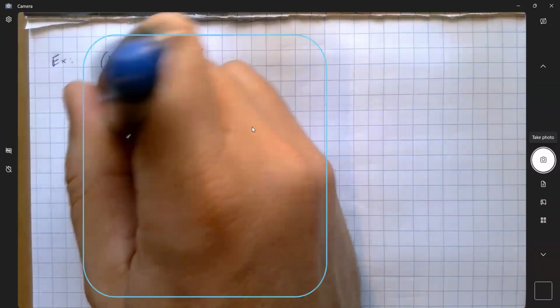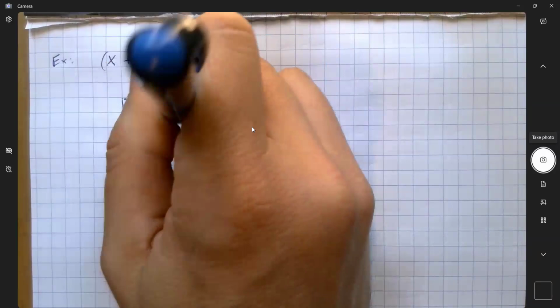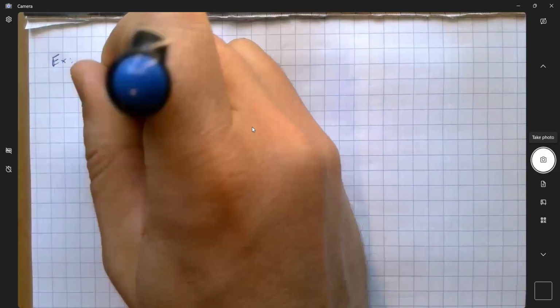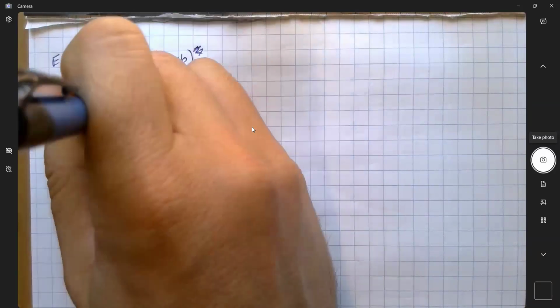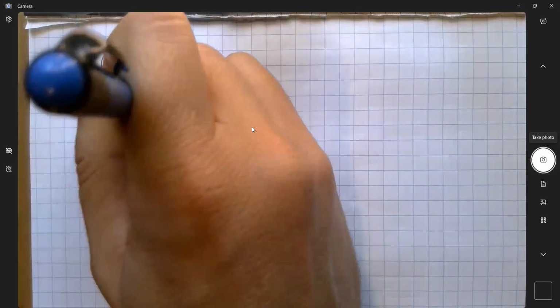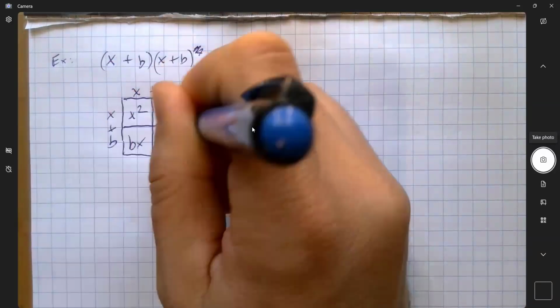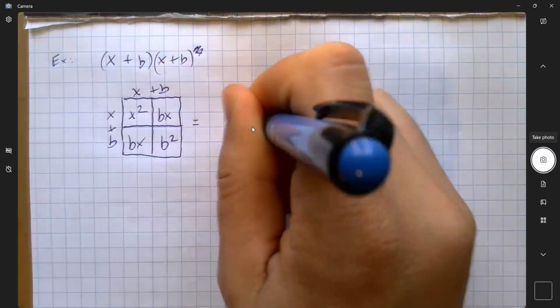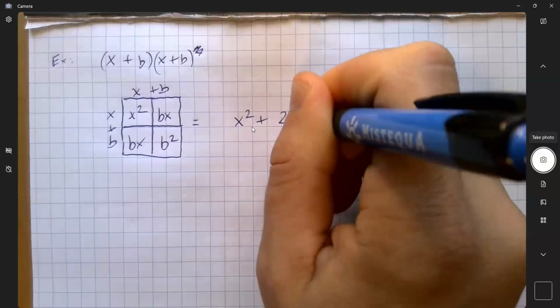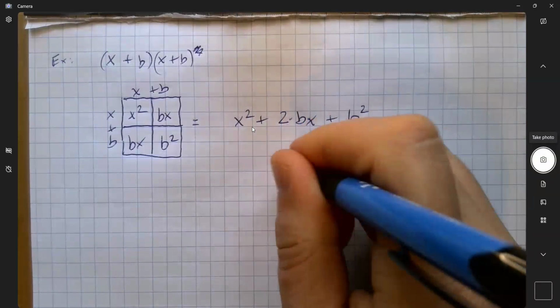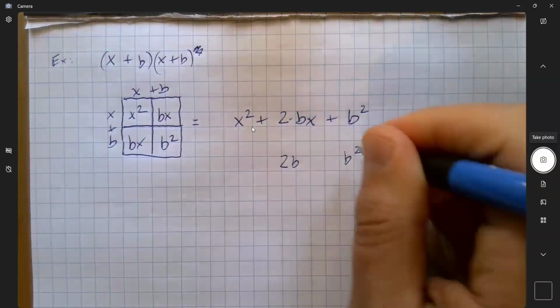And our box method: x plus b, x plus b. I have x squared, bx, another bx, and a b squared. And so I have x squared plus 2 times bx plus b squared. And there we have the 2b, and there we have the b squared.